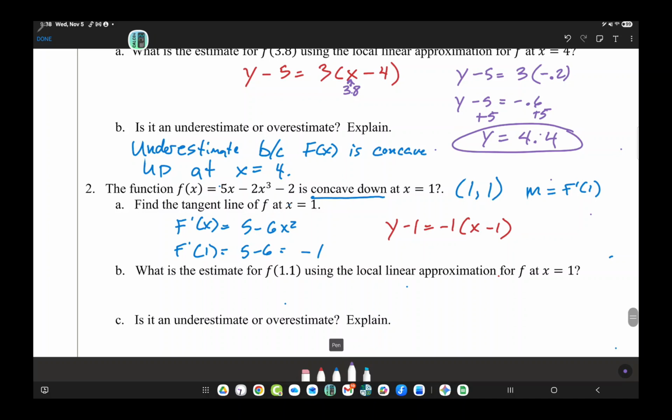What is the estimate for f at 1.1? Well, plug in 1.1 here. y minus 1 equals negative 1 times 1.1 minus 1, which gives you y minus 1 equals negative 0.1. Add 1 over, I get y equals 0.9.